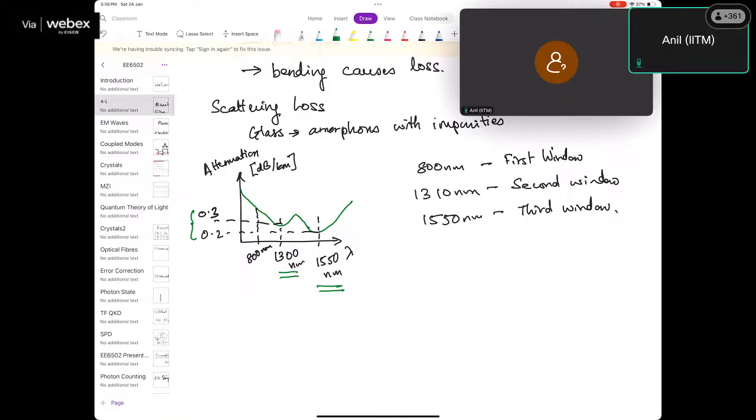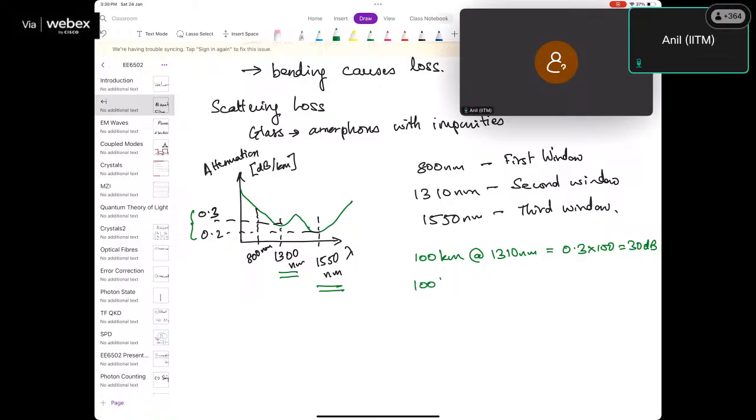Let me give you an example. If I do 100 kilometers at 1310 nanometers, that becomes 0.3 into 100, that is 30 decibels.